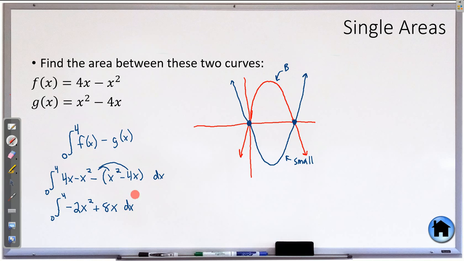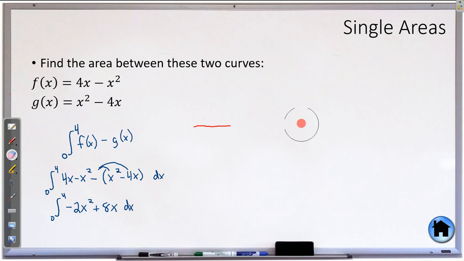All right, now we simply have to do this integral. I don't really need the graph anymore. Free up some space for myself. All right, so take that integral. This is going to give us negative 2/3 x cubed plus 4x squared, evaluated from 0 to 4.